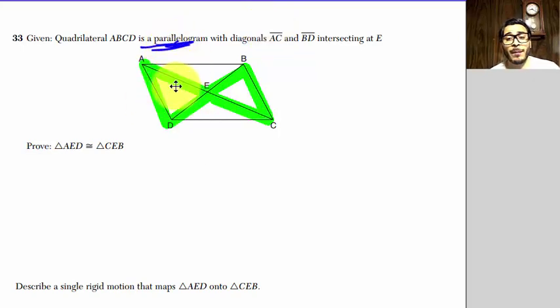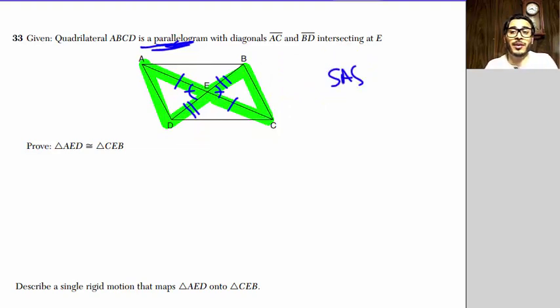Since it's a parallelogram, the diagonals of a parallelogram bisect each other. So therefore, AE is congruent to EC and DE is congruent to EB, and then we're going to have vertical angles here. So the triangles are congruent by side angle side. But I actually have to explain that.